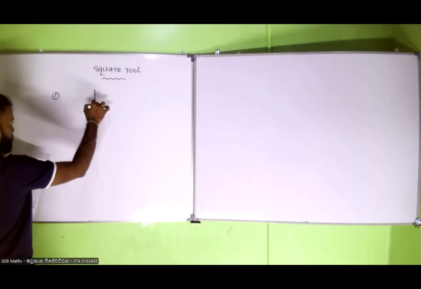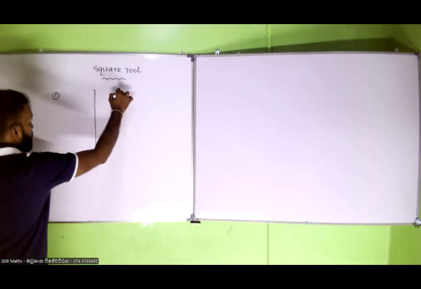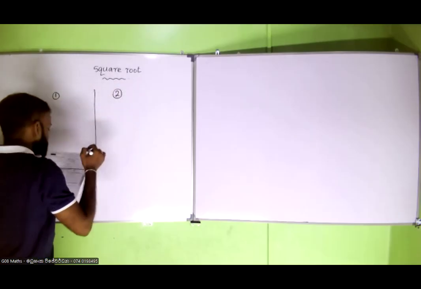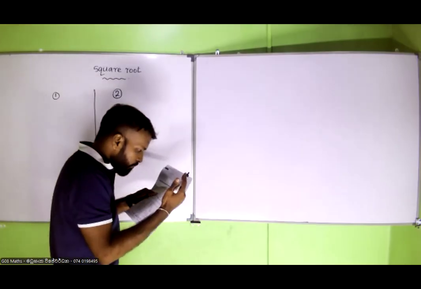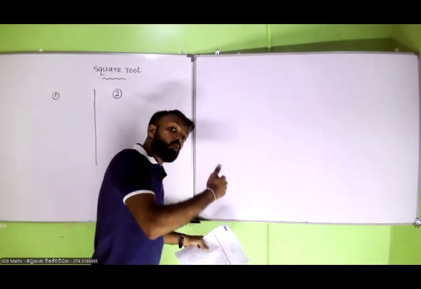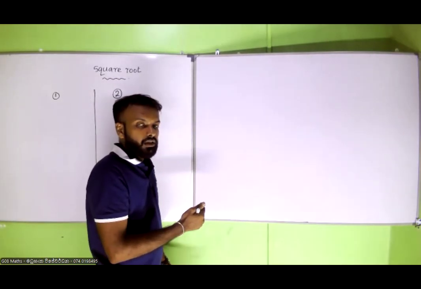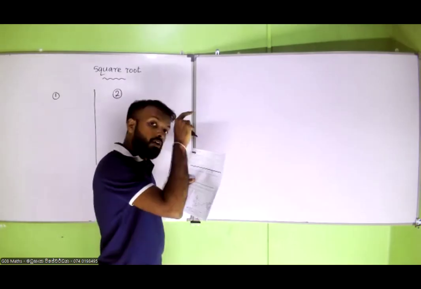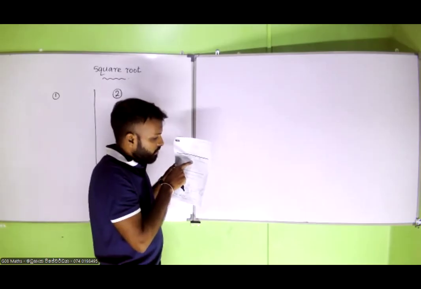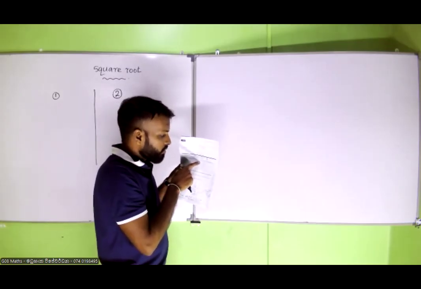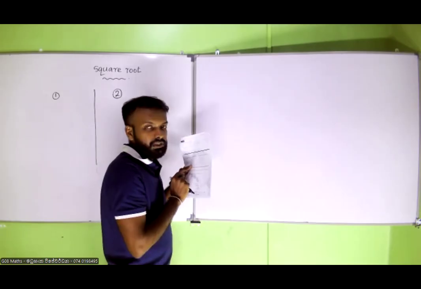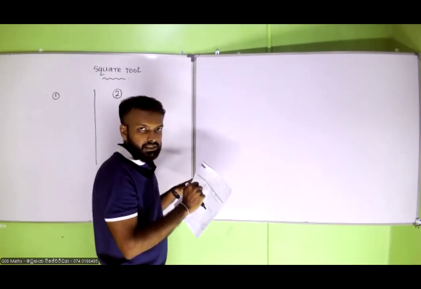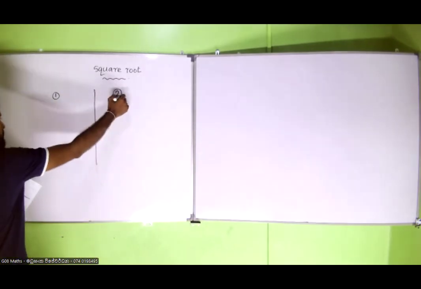This is my first column. And my second column is the digit in the units place of the square root. If we obtain the square root, then the units place will be these numbers on the right hand side. So this is my second.